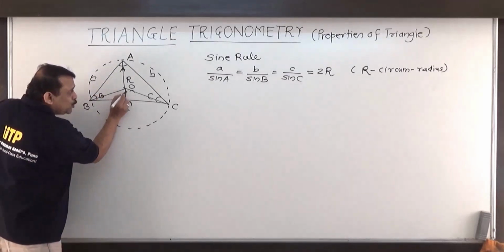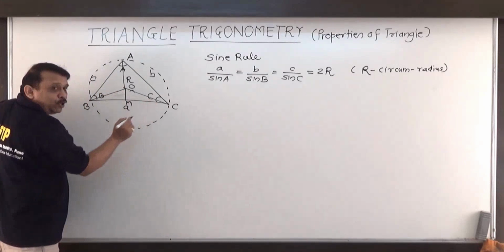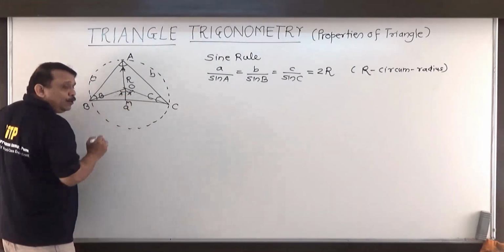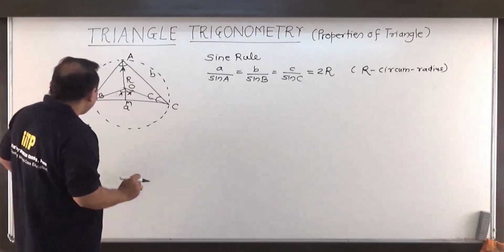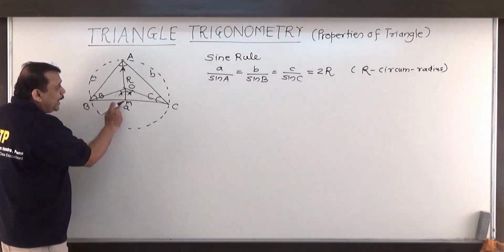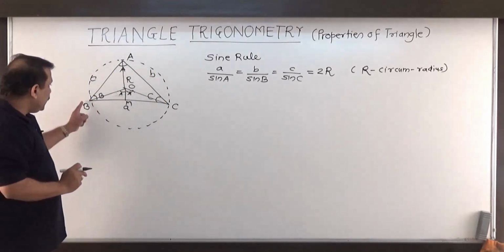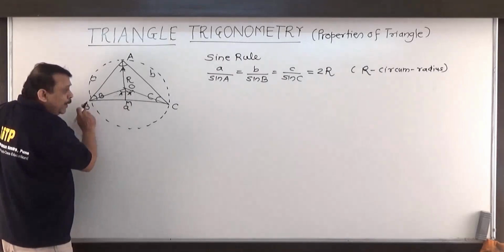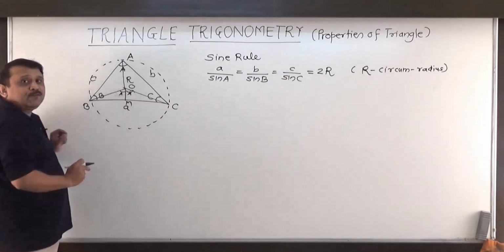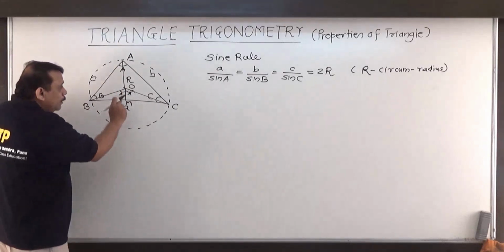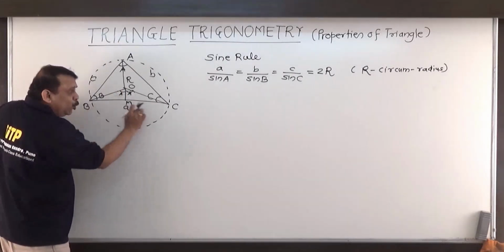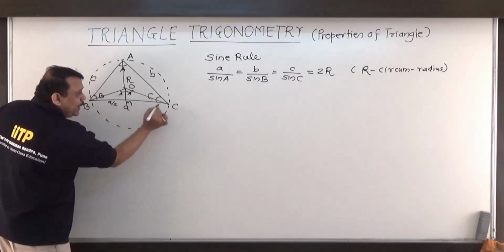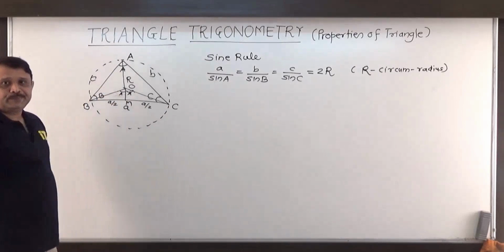And because angle BOC was twice A, therefore this angle becomes A, this angle also becomes A. Now because M is the midpoint of BC, being dropped the perpendicular from the center of the circle on the chord, and total distance BC is a, therefore BM becomes a by 2, MC becomes a by 2.